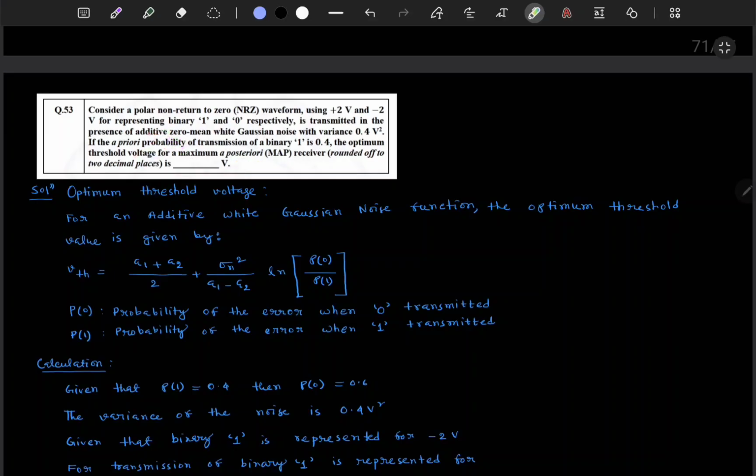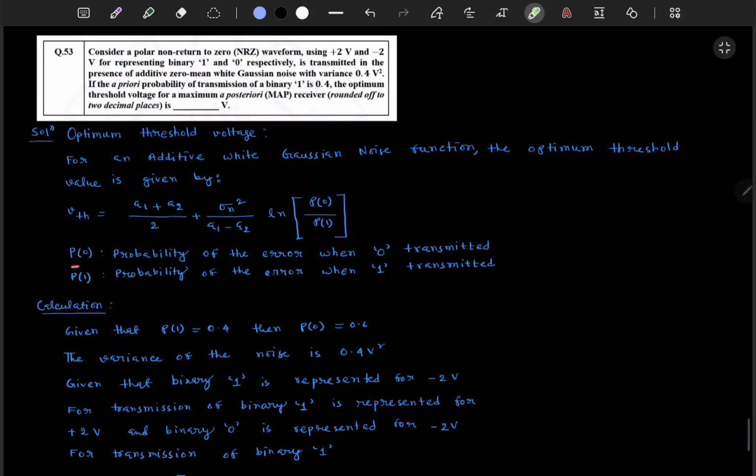Now here, additive means noise is being added, and zero mean means the mean is at the zero position. Gaussian noise is always in that shape. Now for an additive white Gaussian noise, the optimum threshold value is given by V_TH equal to (A1 plus A2) by 2 plus sigma_n square by (A1 minus A2) ln P of 0 by P of 1, where P of 0 is the probability of 0 being transmitted and P of 1 is the probability of 1 being transmitted.